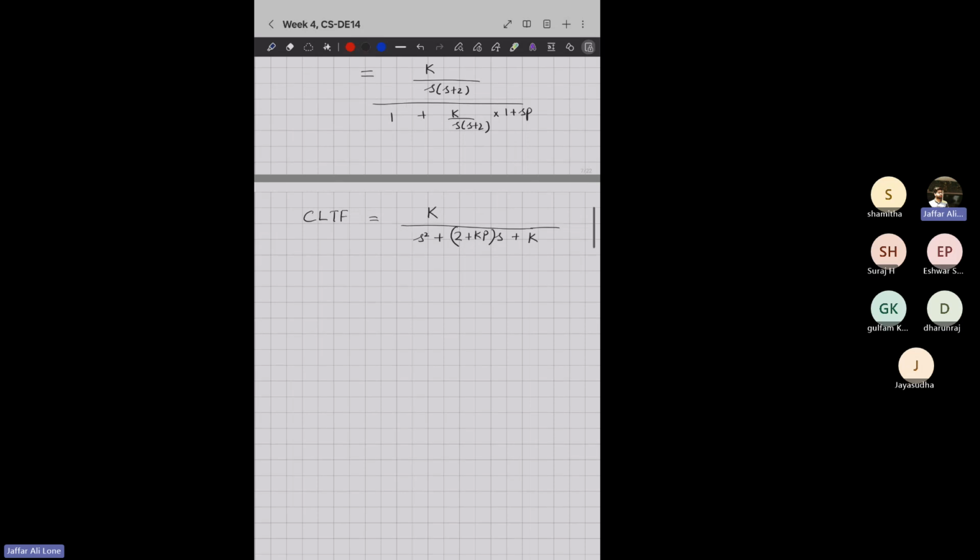Now see, my omega n is given as 5. And what is the value of K? If we compare, K is omega n square.